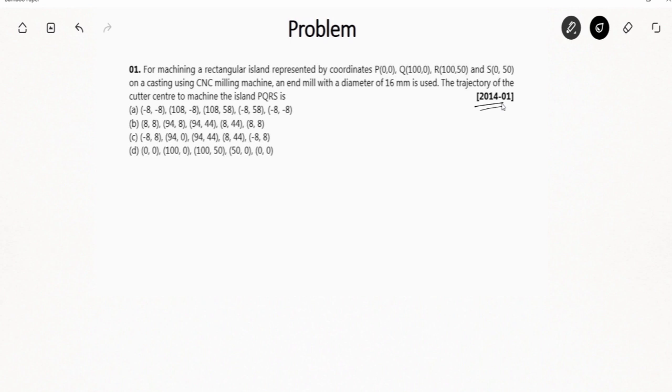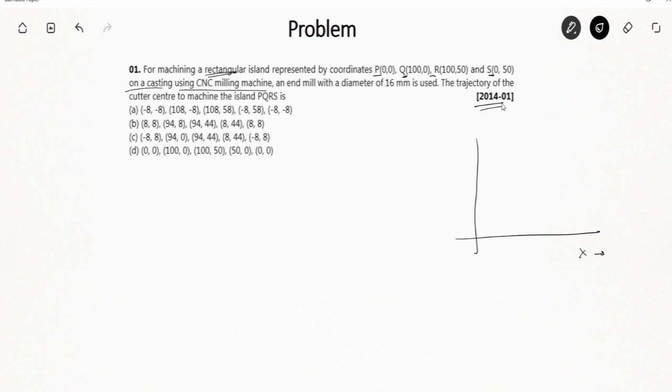What's the question saying? For machining a rectangular island represented by coordinates P, Q, R and S on a casting using CNC milling machine. So first of all I will plot the coordinates on an XY axis.